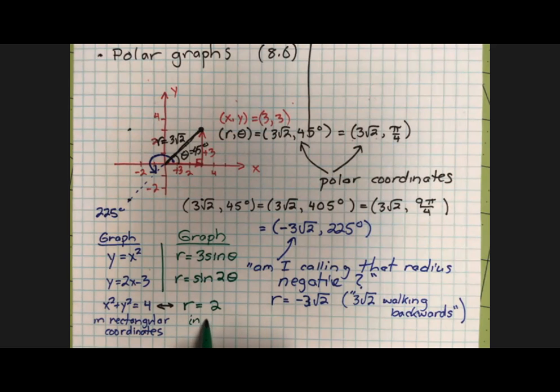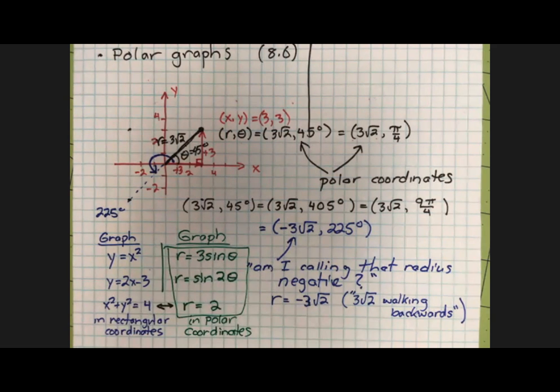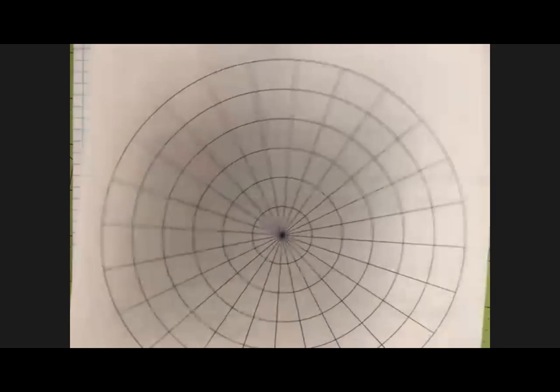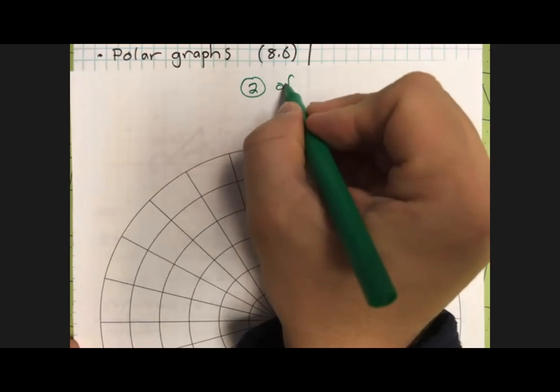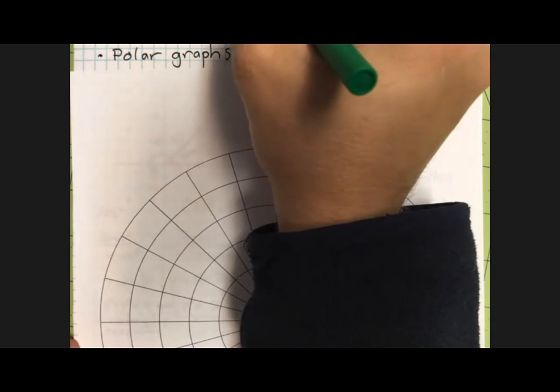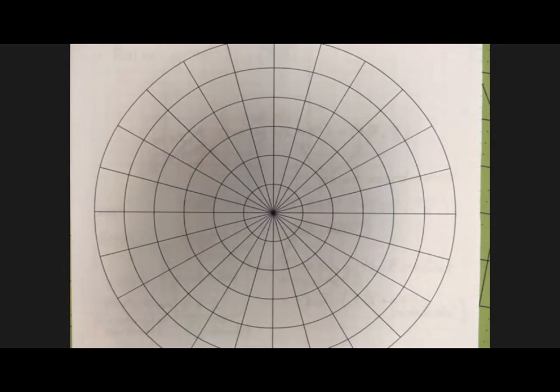So this is graphing in polar coordinates, and these will be my first 3 examples. I'm going to get a sheet of polar graph paper, a large scale sheet first. And this will be the next paper in our handouts today. So I'm going to draw on this, and I'm going to draw 3 curves.